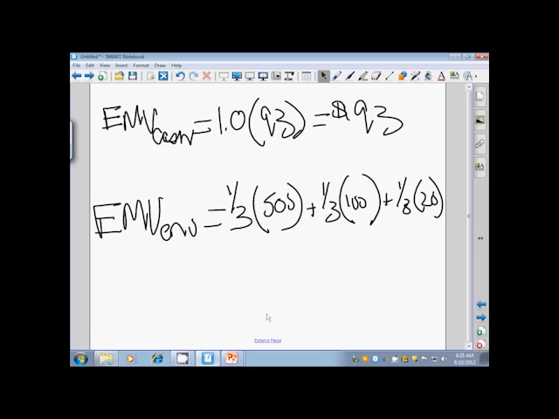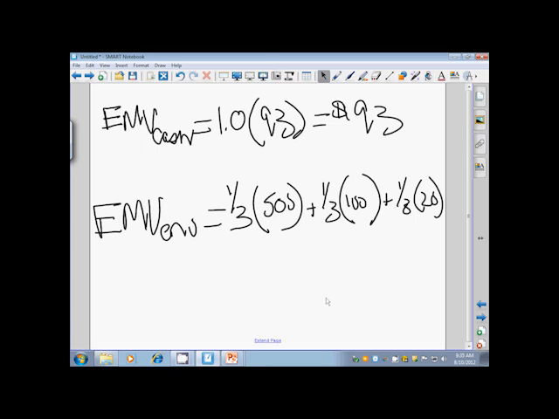So we have the probability times the outcome if that occurs. So it's a 1 in 3 chance times that, summing up each and every single one of those probabilities times that possible outcome. We're then going to add them up.